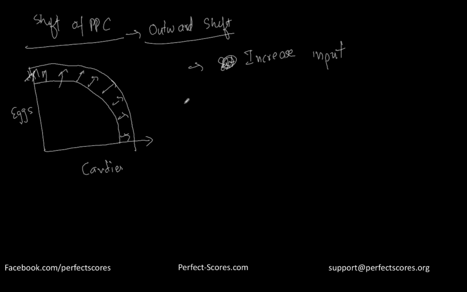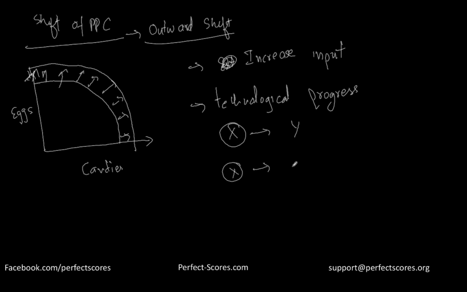Another way it can shift outward is if there is technological progress. If there is technological progress, the production possibility curve will shift outward. That means earlier with just X amount of input, you were able to produce Y amount of output, but now with the same X amount of input, you're able to produce more than Y amount of output.